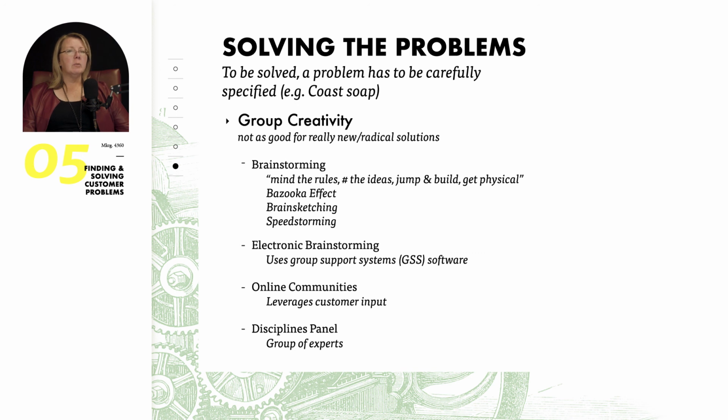But there are some good management rules to making that technique work, to keeping it a positive process. And I've kind of mentioned some of those here. The bazooka effect can happen if you're not staying positive in the process, and if you start to see people shooting down ideas, we don't want that. Brain sketching, speed storming, know something about those.